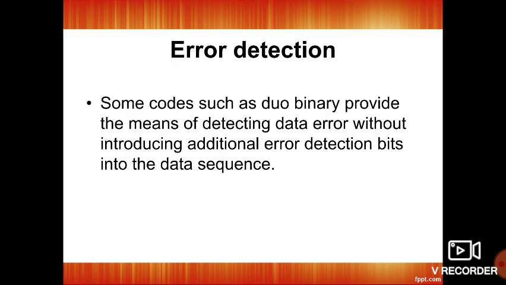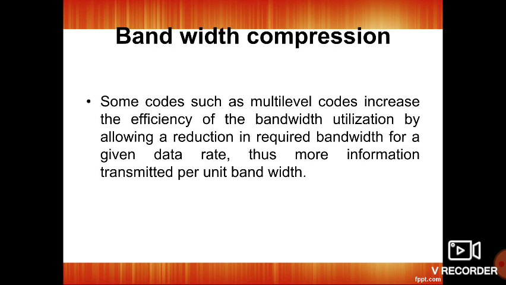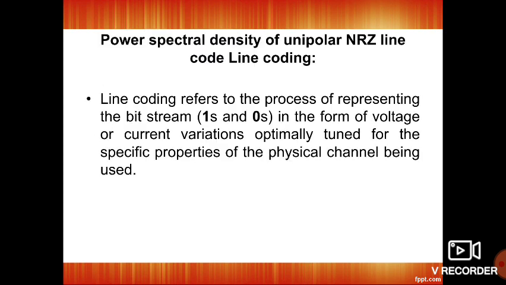Error detection can be obtained by duobinary coding, which provides a means of detecting data errors without introducing additional error detecting bits, that is redundant bits, into the sequence. Bandwidth comparison can be done by bandwidth utilization, allowing a reduction in the required bandwidth for a given data rate.